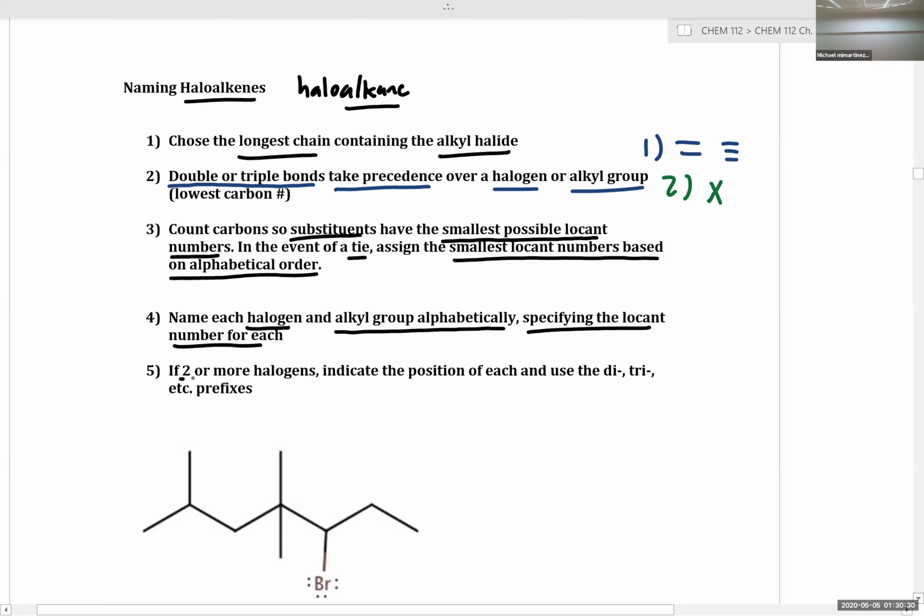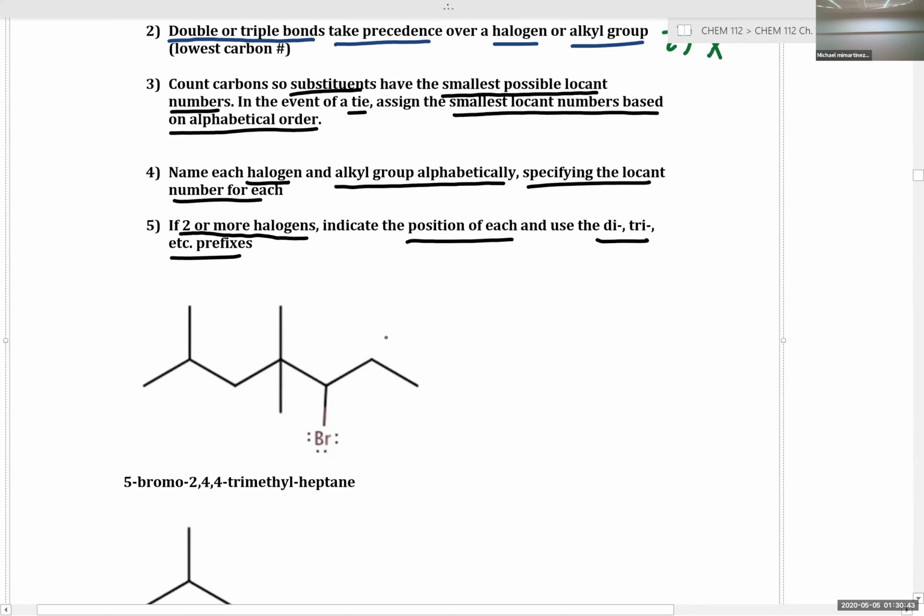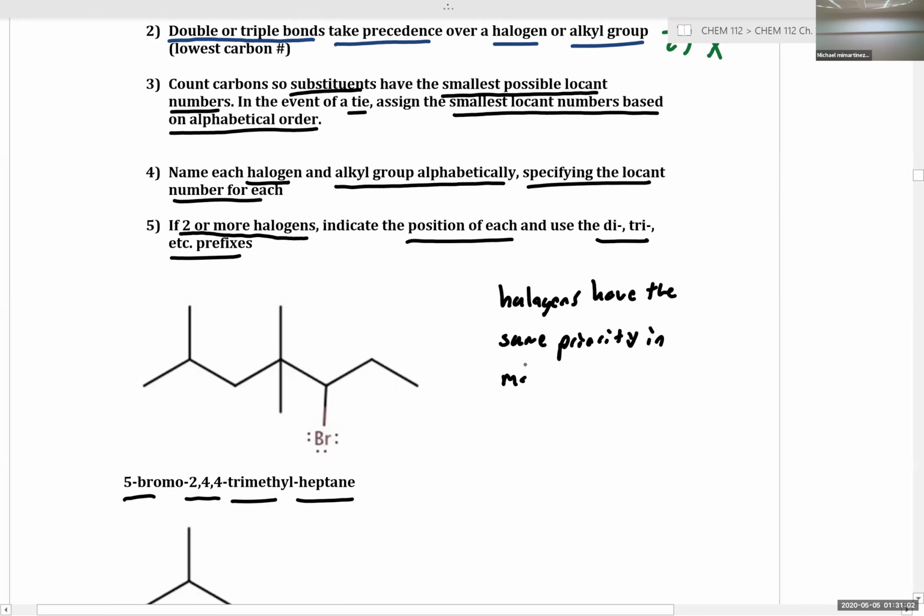If there are two or more halogens that are identical, you indicate the position of each and you use di, tri, tetra, etc. So to give you an example here, this would be 5-bromo-2,4,4-trimethylheptane. So the halogens have the same priority in naming as alkyl groups.